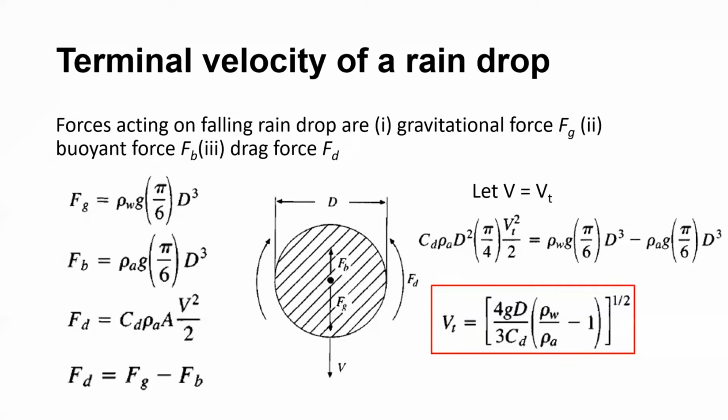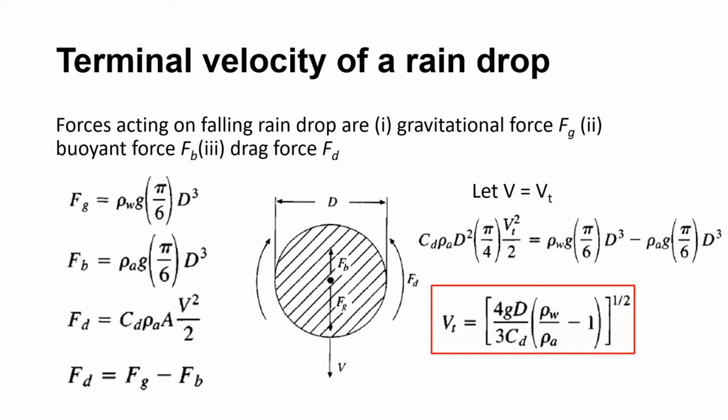The buoyant force arises because when the raindrop is falling, it replaces the air immediately under that drop. This air has some weight, and it applies an equal amount of force in the upward direction, equal to the weight of that replaced air volume.